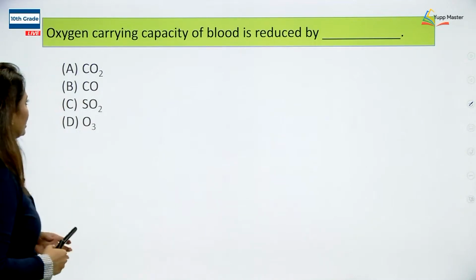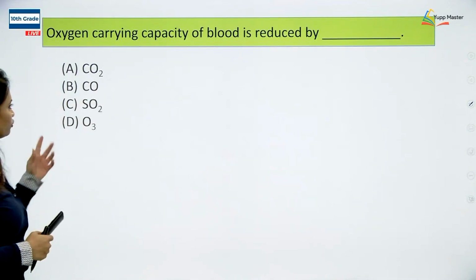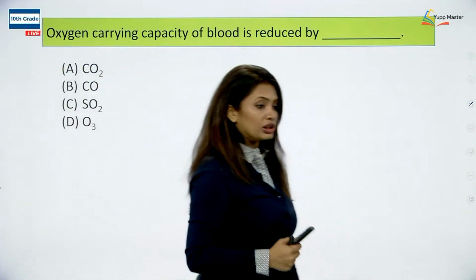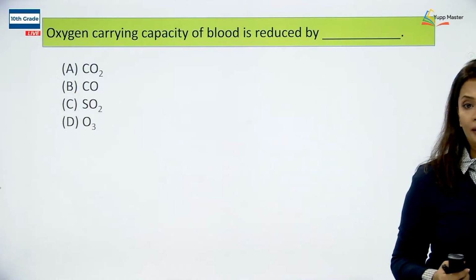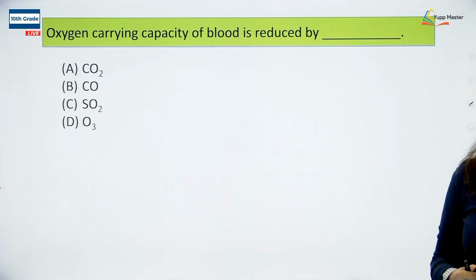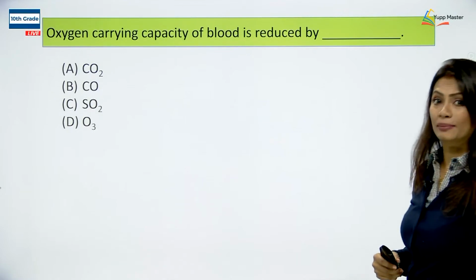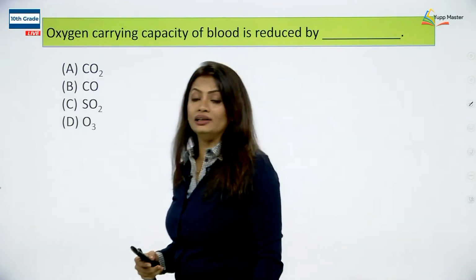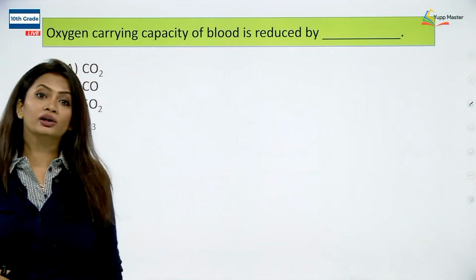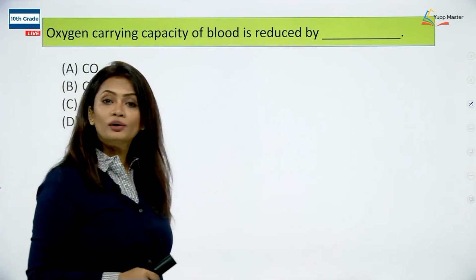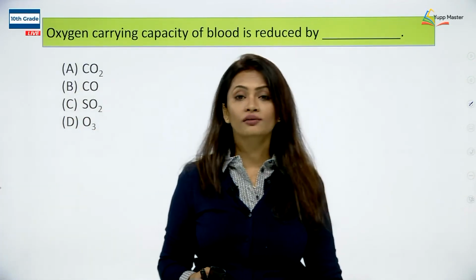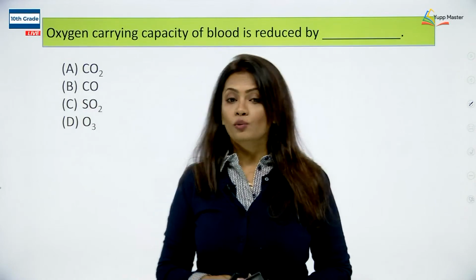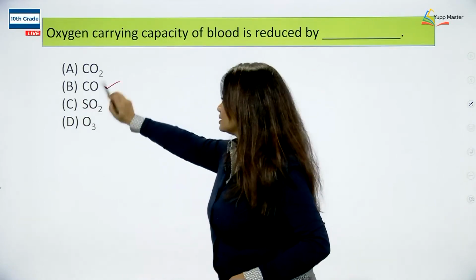Oxygen carrying capacity would be reduced by which one? Would it be carbon dioxide? Would carbon dioxide reduce that oxygen carrying capacity, or carbon monoxide? Shouldn't it be carbon monoxide, because carbon monoxide is going to go and attach itself to all the hemoglobin molecules, which would mean that the hemoglobin will no longer attach itself to oxygen, which would reduce that carrying capacity, right?